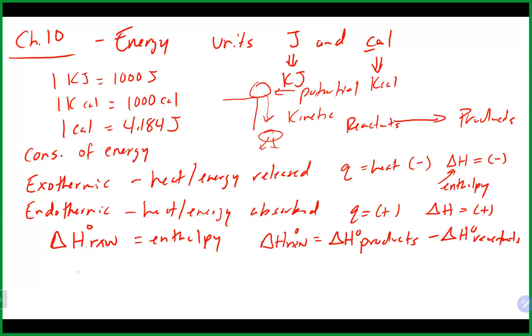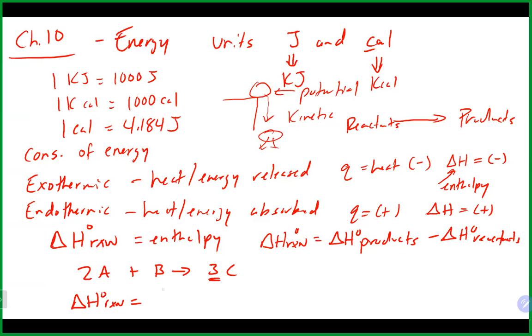The other important thing is, if you were asked what is the delta H of a reaction and you got something like this, you would calculate it by taking our products, and you also have to take the coefficient into account.